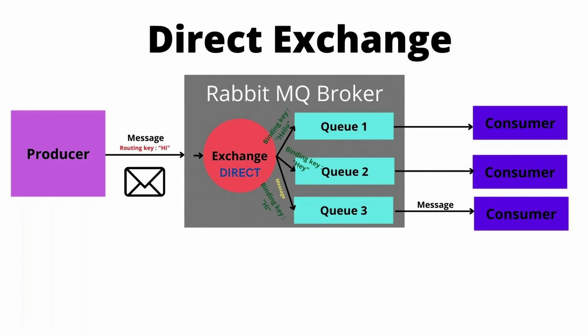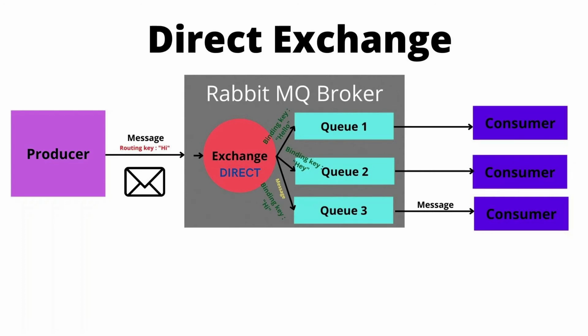Now we can see a pattern here. Our message has the attribute routing key of a value high, and Q3 is bound to the exchange. The binding itself, the connection itself, has a binding key of high, which is similar. It matches the routing key of the message.